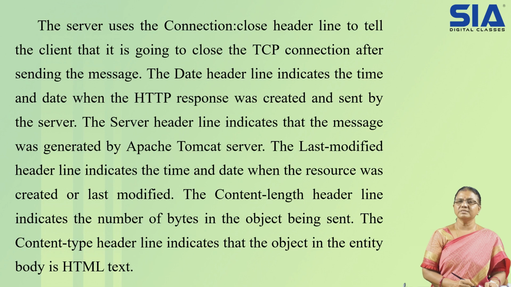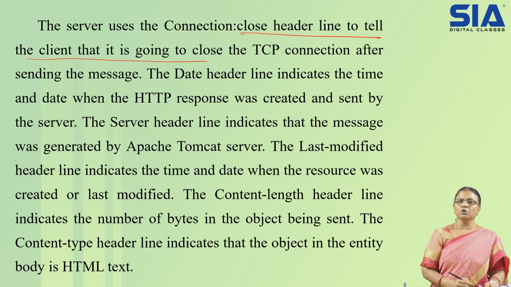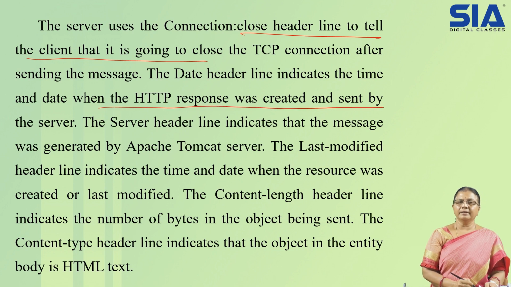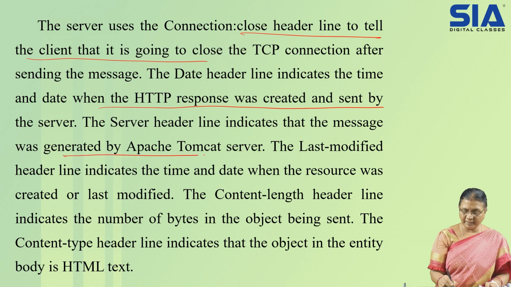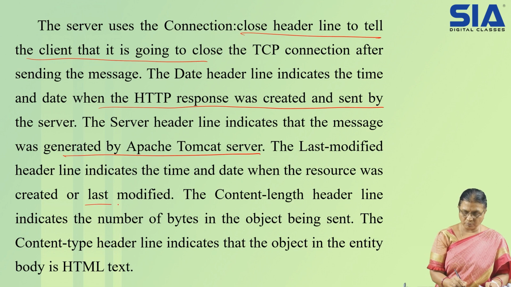Then the server uses the Connection: close header line to tell the client that it is going to close the TCP connection. The Date header line indicates the time and date when the HTTP response was created and sent, and the Server header indicates that the message was generated by the server. Then the Last-Modified header line indicates the time and date when the resource was created or last modified.